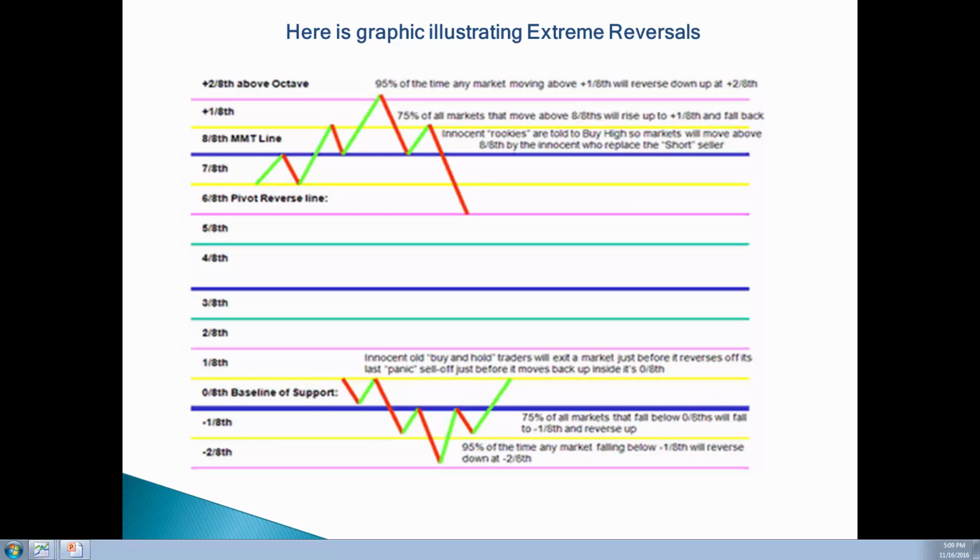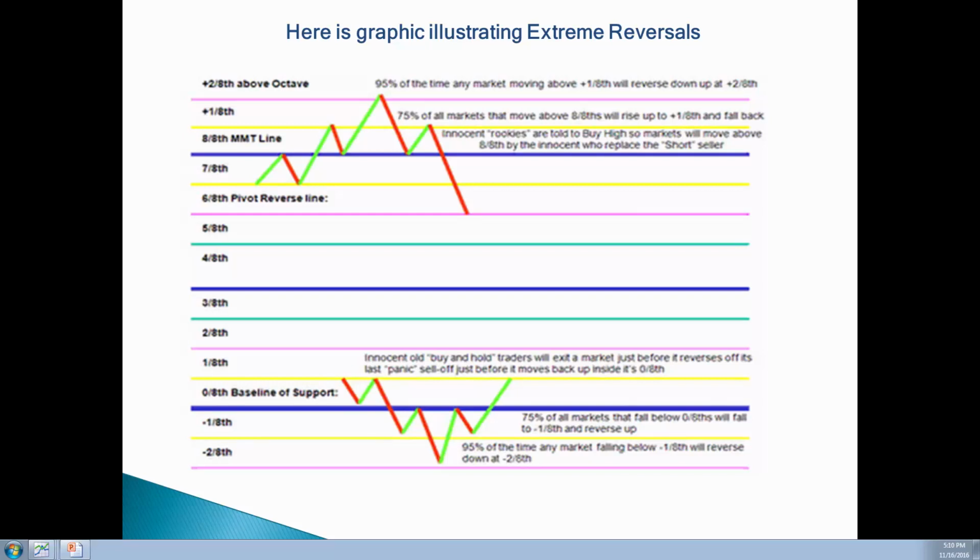Remember that the 3/8, 5/8 levels represent 43.7% or so. So just remember, 43% of the time the markets want to trade in an equilibrium area. Before it jumps back outside, that's considered a comfort zone.